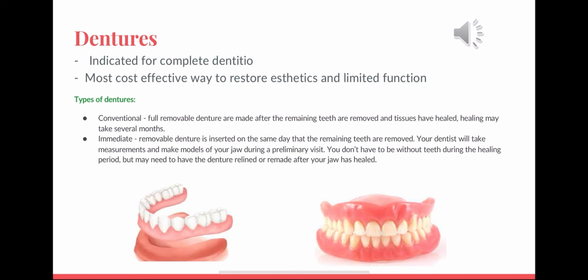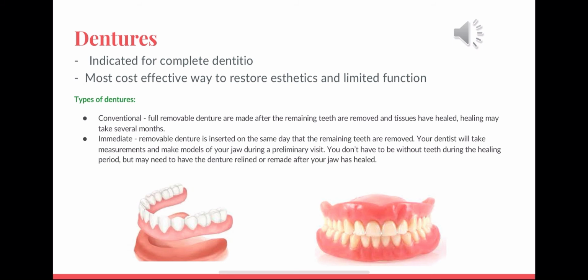Now we would like to discuss options to address when more than one or two teeth are severely damaged and broken down. Many of you may know someone who has had dentures made in the past. Dentures are indicated for complete dentition loss.